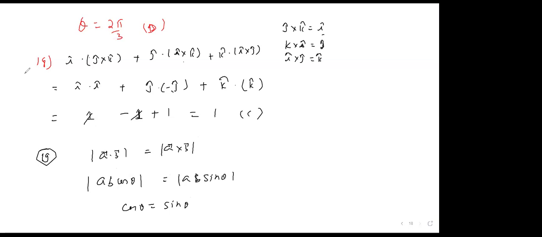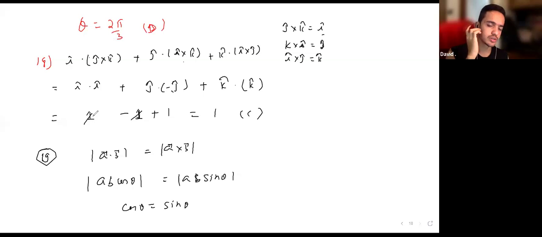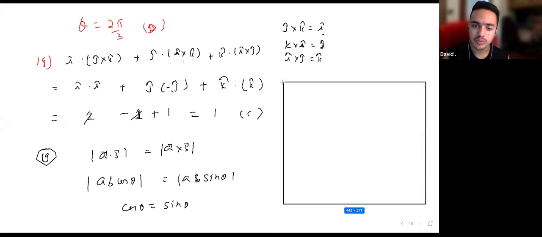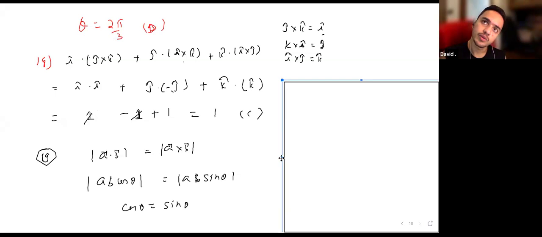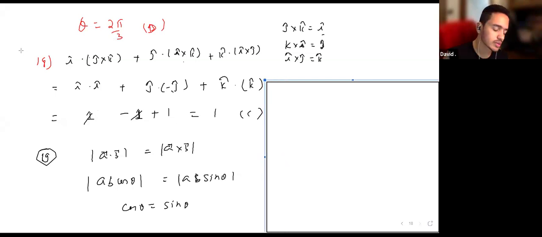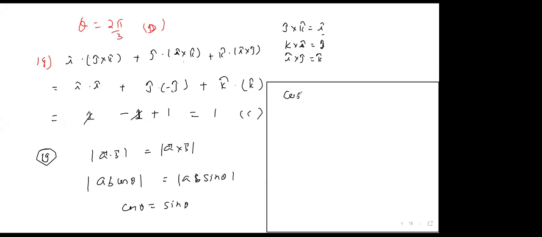So divide both sides by cos theta. Dividing both sides by cos theta, cos theta equals sin theta gives 1 equals tan theta.